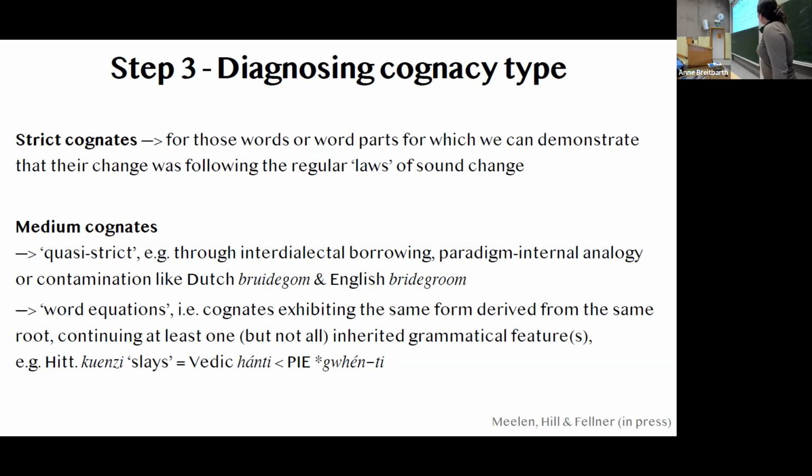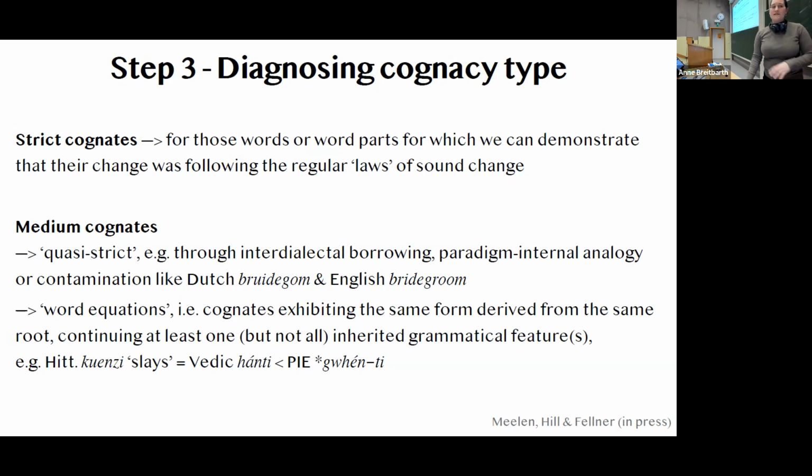So things like Dutch bruidegom, English bridegroom. Word equations where you have, for instance, a verb and a suffix, and basically you get the same from the derived form of the root, but they continue at least one inherent grammatical feature as well.